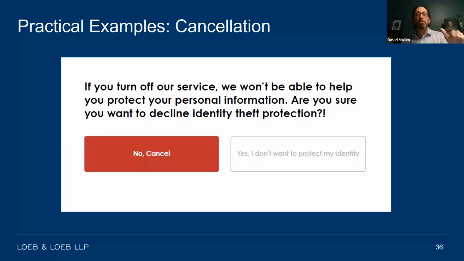You think you're canceling the identity theft protection because that's prominent, but what cancel means here really is cancel the function. You look at the other box, it says, no, I don't want to protect my identity. That's the box you need to click to actually get out of the service. And I think that's really confusing. And it wouldn't be hard for the Federal Trade Commission to reach the same conclusion.